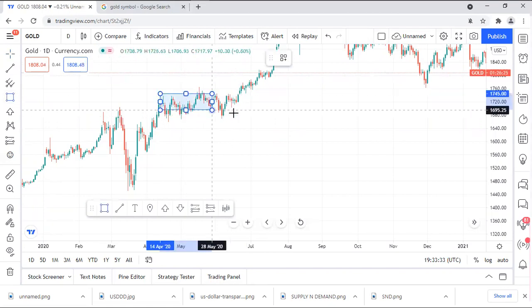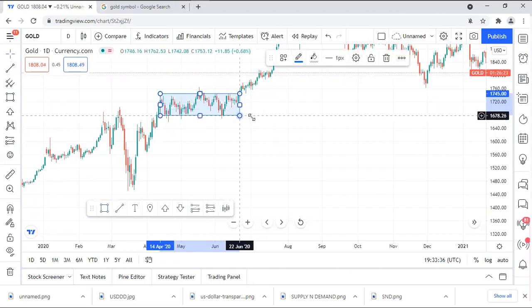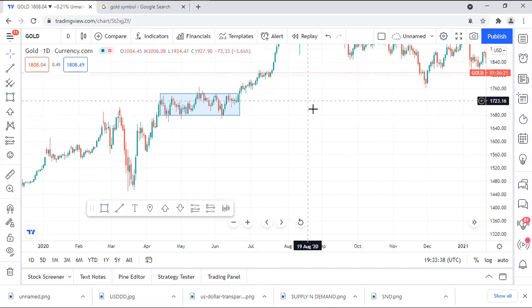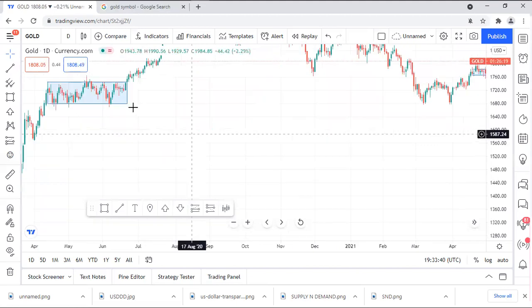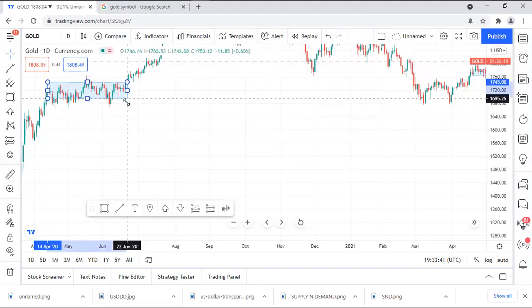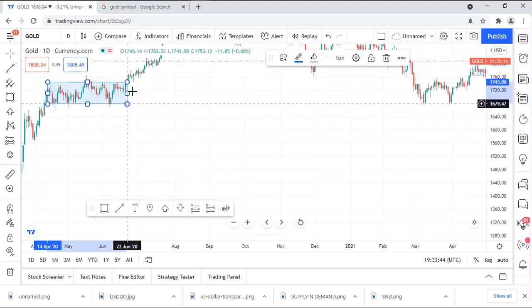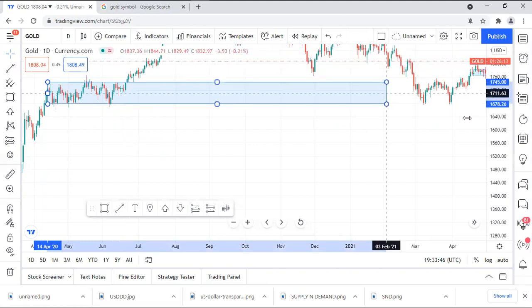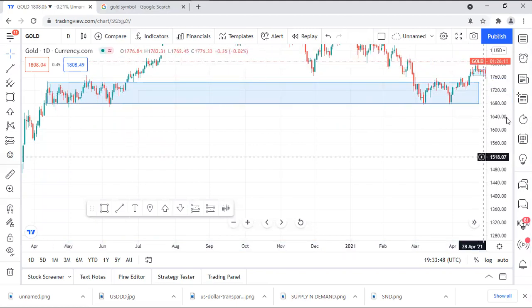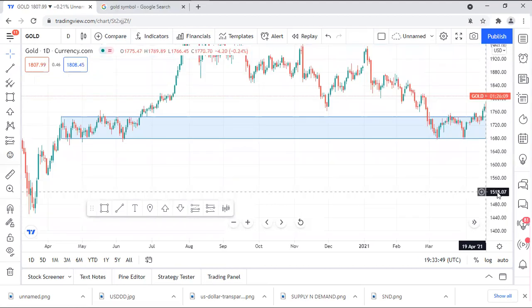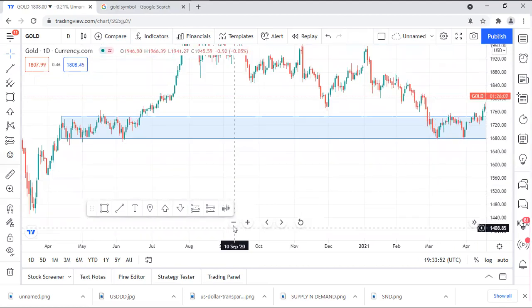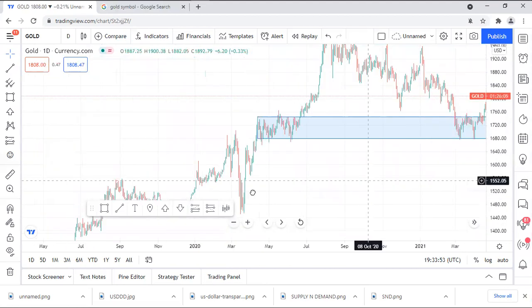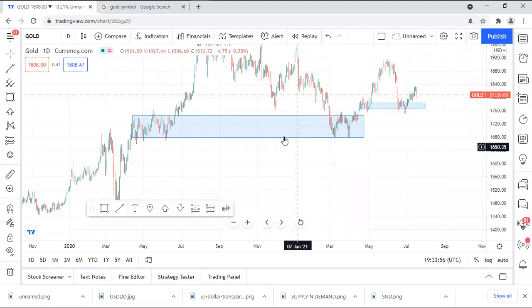Then all of a sudden, we have a price shooting up all the way. So if you pull this all the way, you will see what we mean. There you have it there.